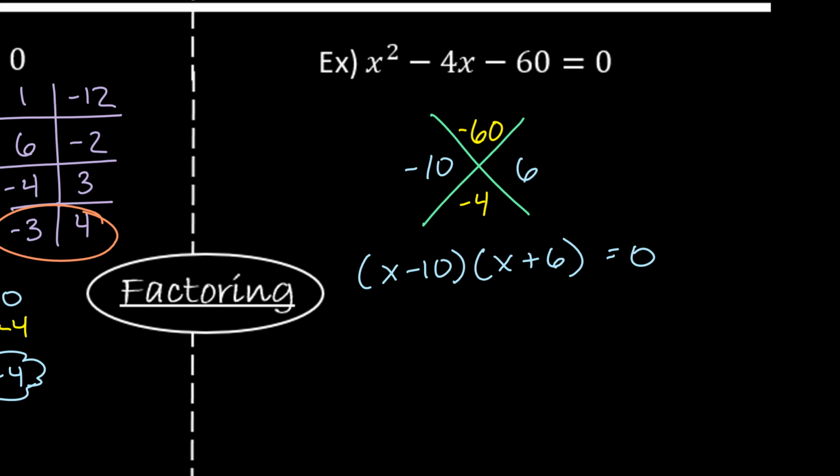Okay, so how do we now get our solutions? Yes. Set them each individually equal to 0. So x minus 10 equals 0 and x plus 6 equals 0. So here, our solutions are x equals 10 and x equals negative 6.